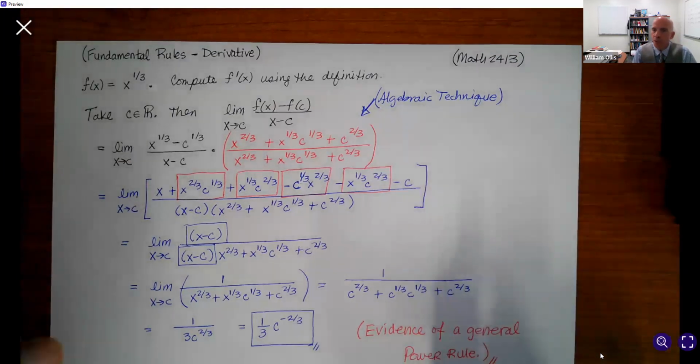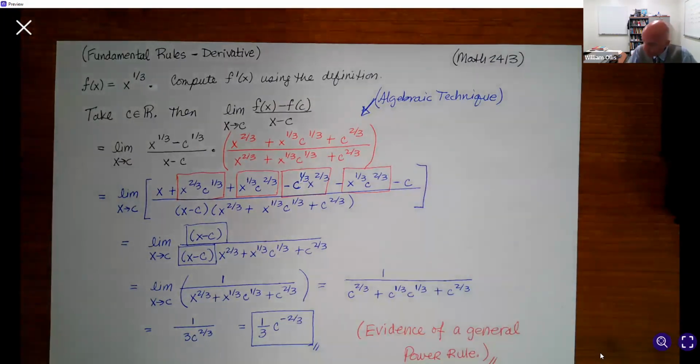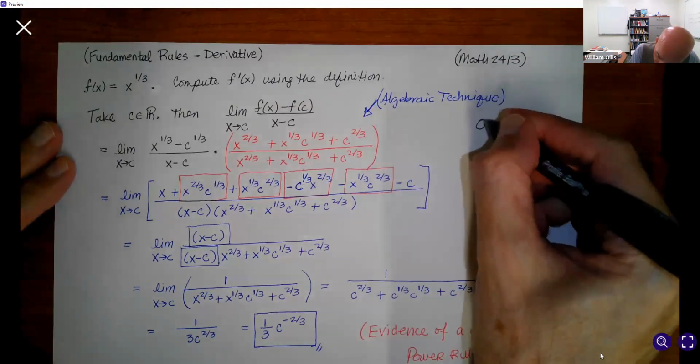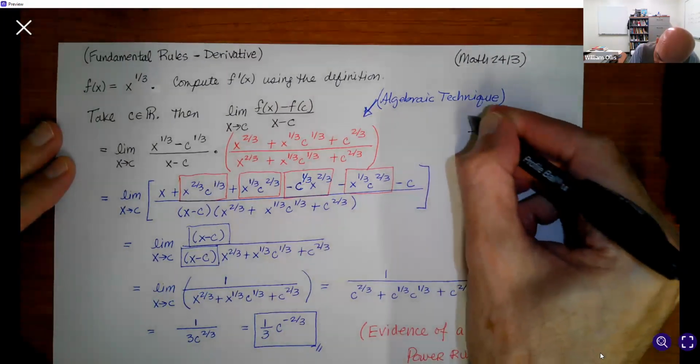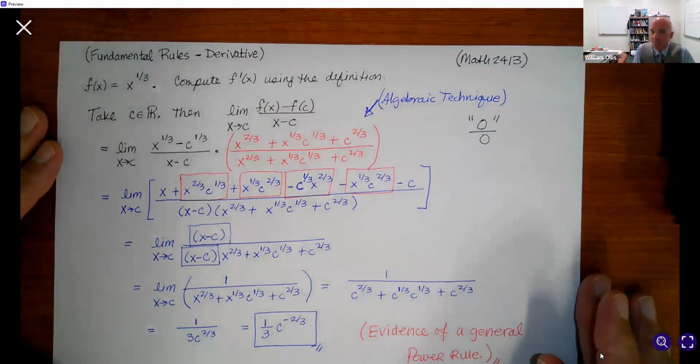Remember, when you're computing limits, we're not now looking at the original function. We're looking at the difference quotient. The difference quotient has indeterminacy. So just to remind you, so you don't think we're forgetting about this, when we think of the definition of derivative, from the start, the definition is indeterminate.